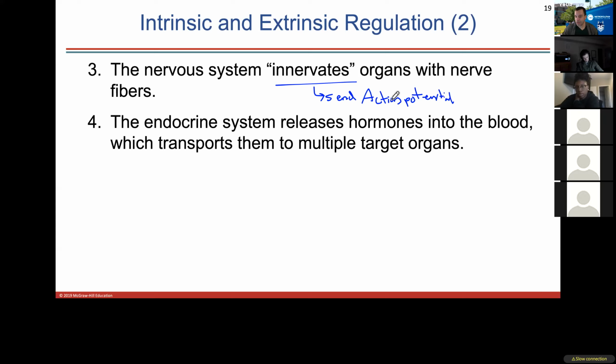All right. I'm not in mid-semester form yet with my writing. Okay. So we send an action potential to cause an effect, or we release hormones like the endocrine system does to have multiple effects throughout the entire system.